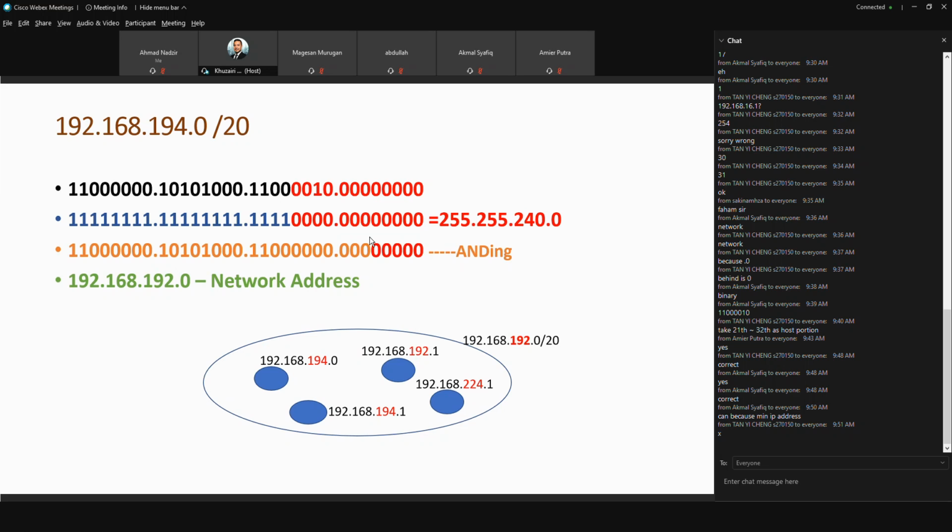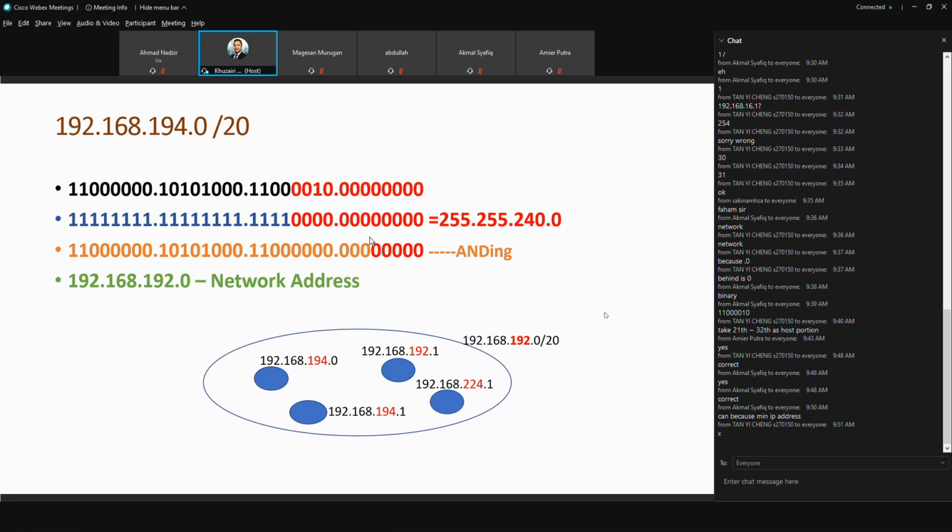Can I assign 192.168.224.1 for the host? Okay. Tak boleh. Cannot. So this one you cannot assign.